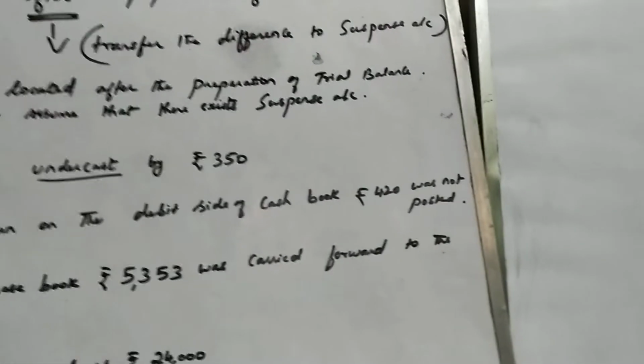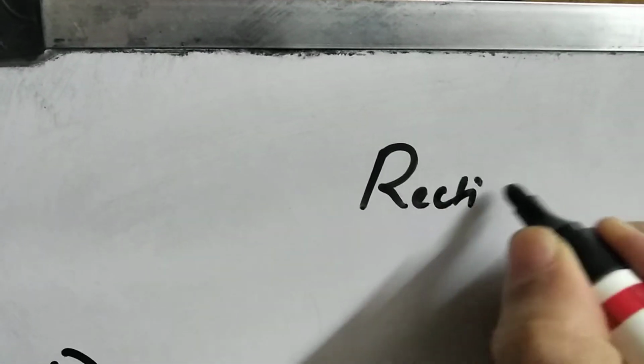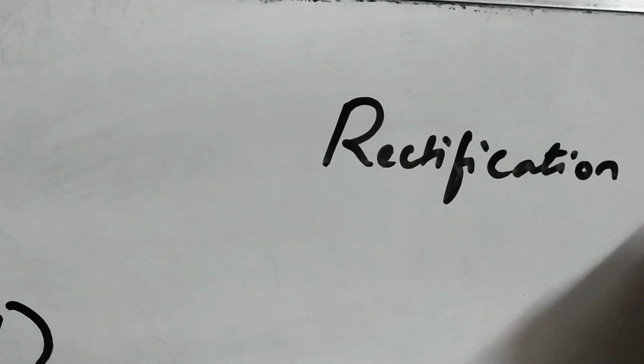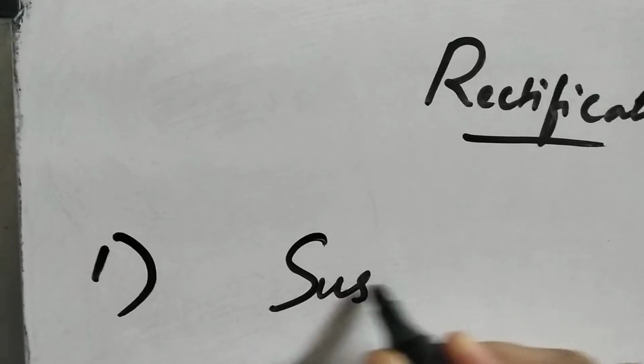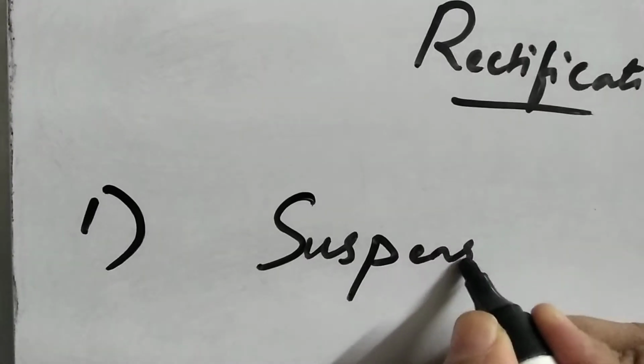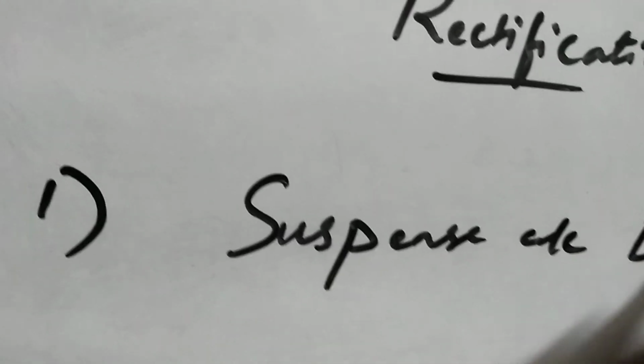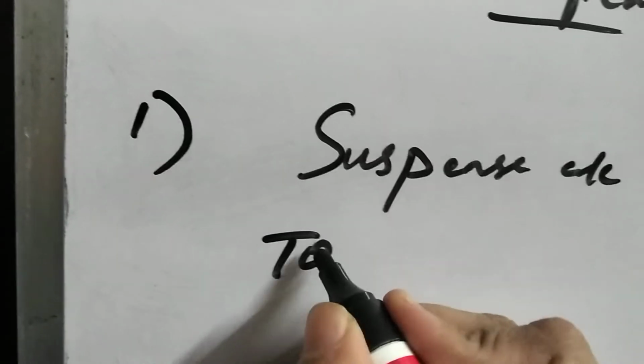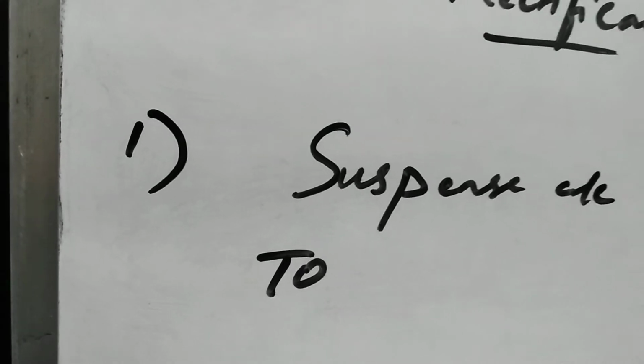Let us move on to the solution. Rectification part. We are going to transfer that shortage, suspense account debtor to sales.